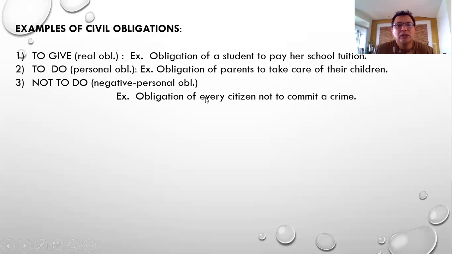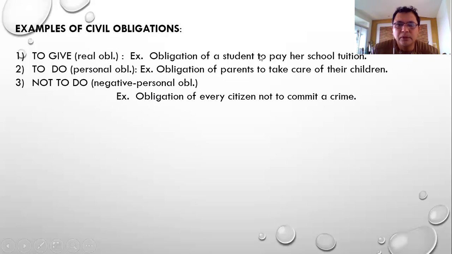What is the juridical necessity here? The juridical tie is the law, again, the criminal law. So to give is a real obligation, to do is a personal obligation, not to do is a negative personal obligation.